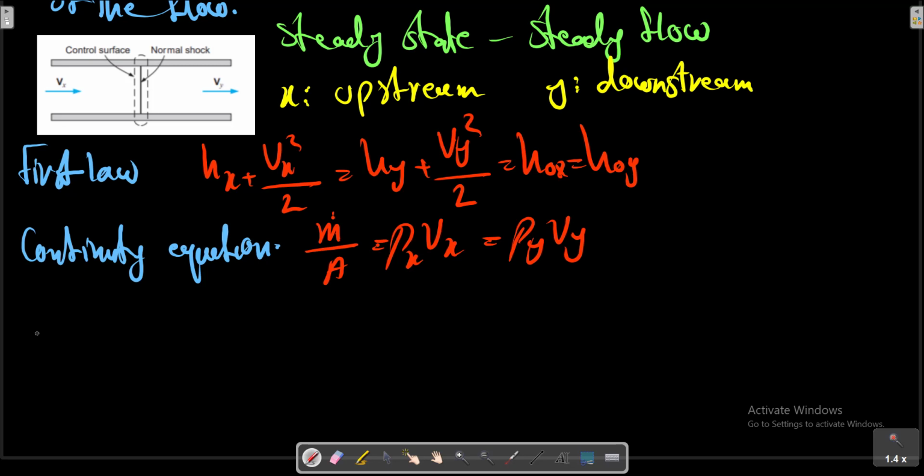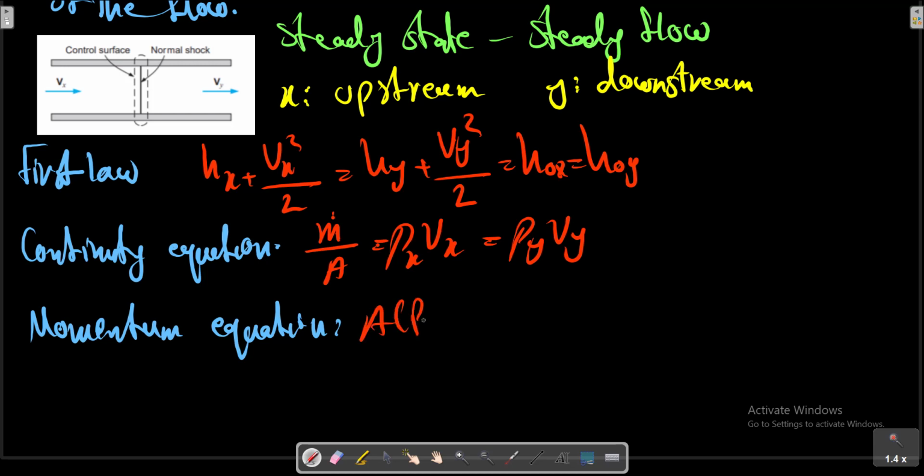Momentum equation: the net force equals m dot times Vy minus Vx.